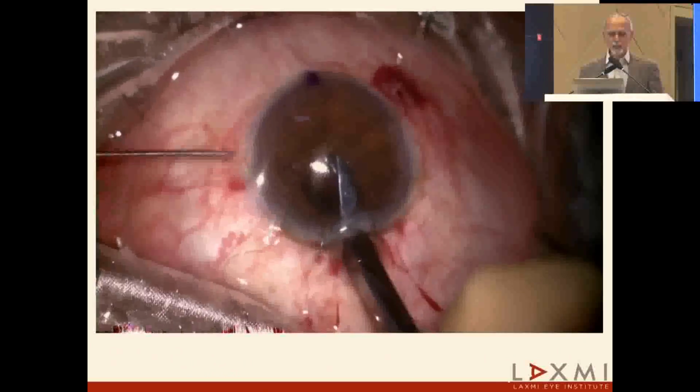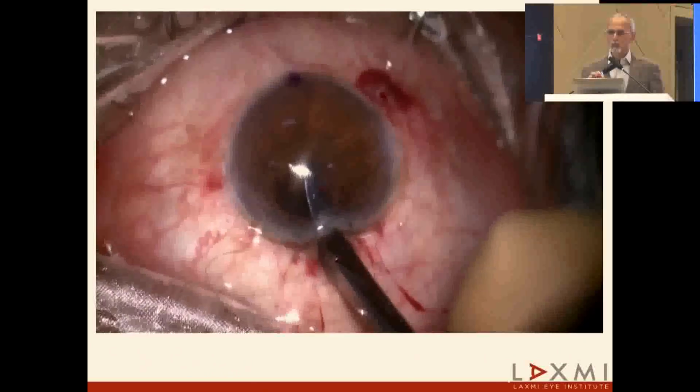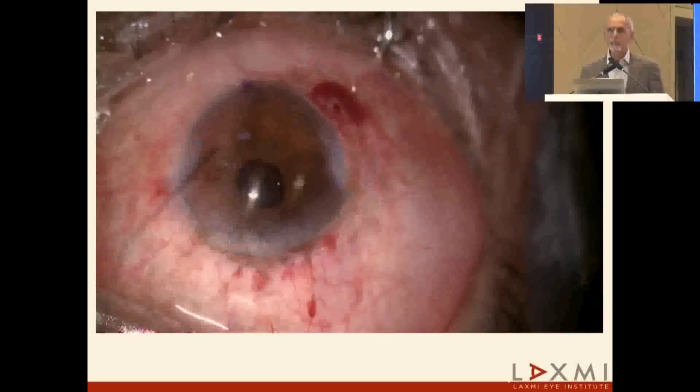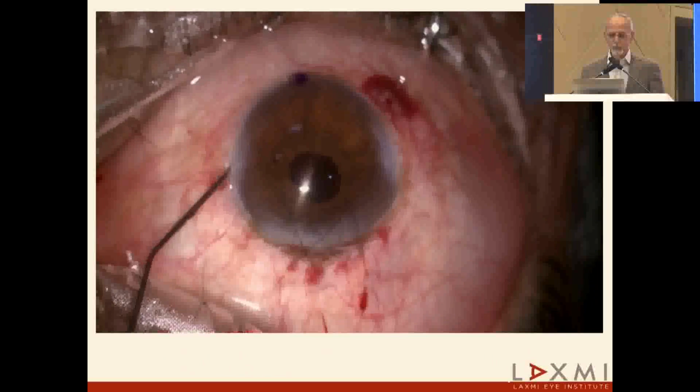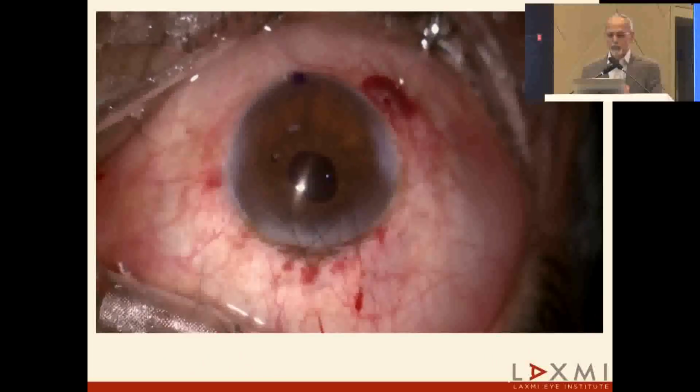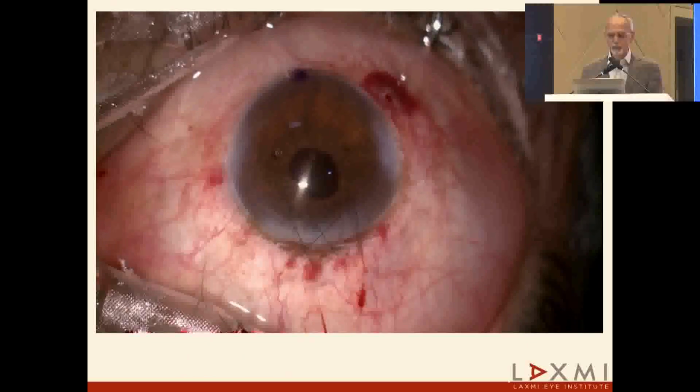You take the lens behind, use the thinnest spatula that you have, and the lens gets fixed. So this enclavation, if done properly, you end up with a circular pupil. You do it either under dispersive viscoelastic or you take a suture and do it.